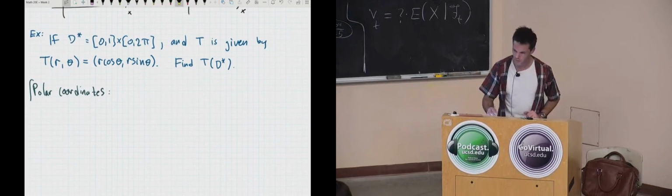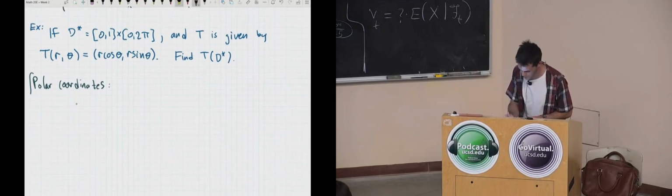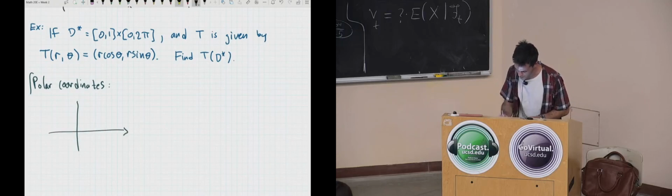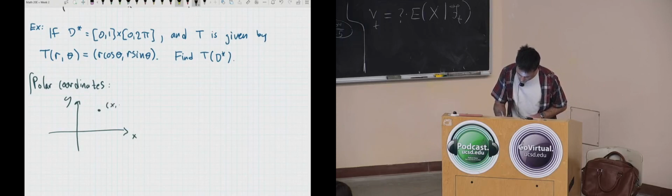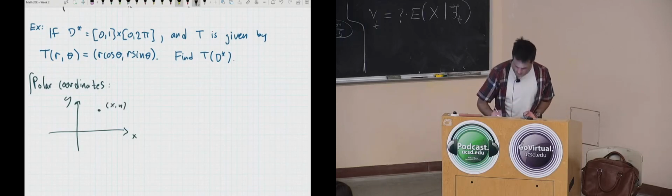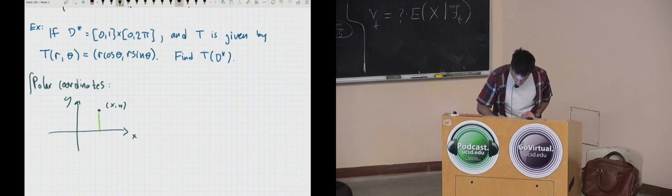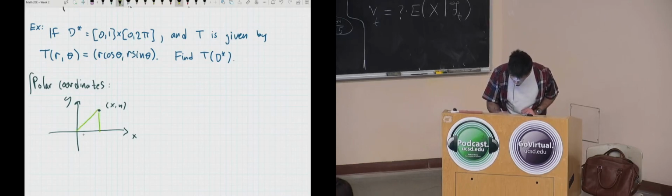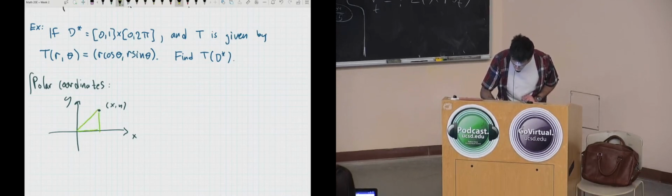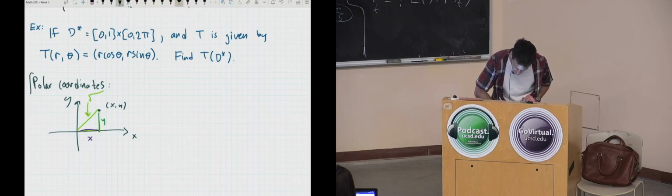The polar coordinates, which I think you probably learned maybe in pre-calculus, is where you take a point in the xy plane. Let's say this is the point xy. Then you can draw a triangle where this side is of length y and this side is of length x, which means that the hypotenuse is of length the square root of x squared plus y squared.